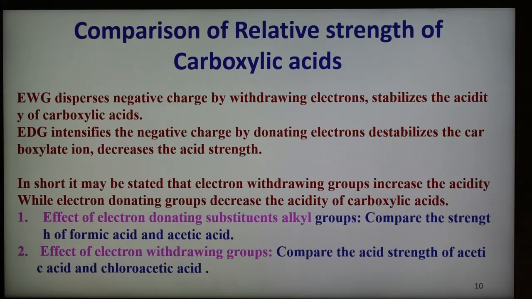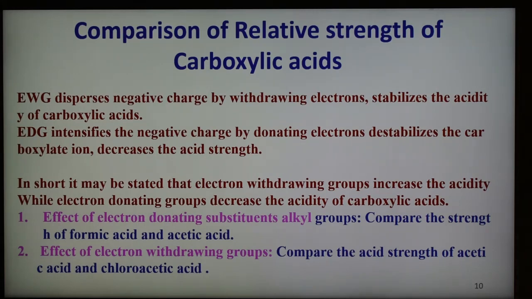The chlorine atom present in chloroacetic acid, because of its minus I effect, withdraws electrons from the OH bond, and because of this, the electron density in the OH bond decreases. In other words, the OH bond weakens and release of H plus ion from chloroacetic acid is facilitated relative to acetic acid.